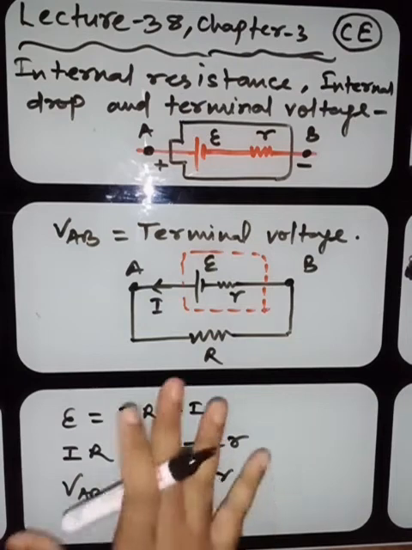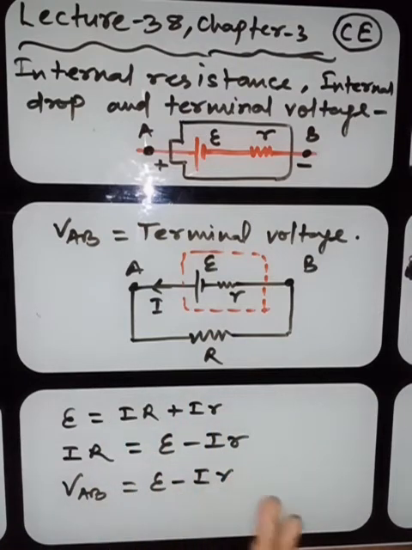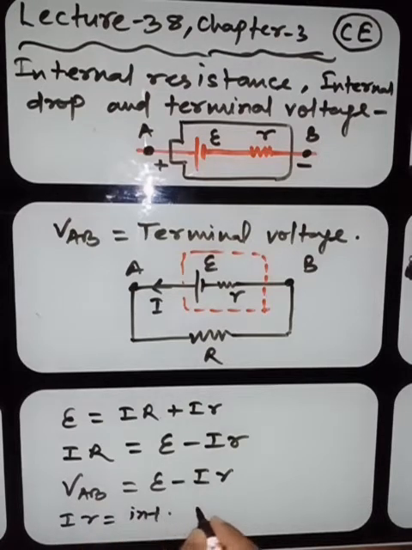So this is the terminal voltage, internal resistance, and the internal drop. Actually this Ir is nothing but the internal drop. Why is this the internal drop?